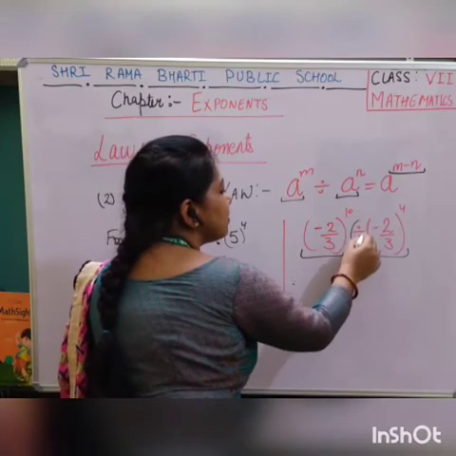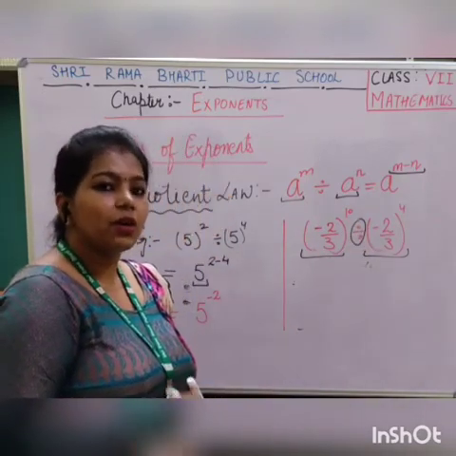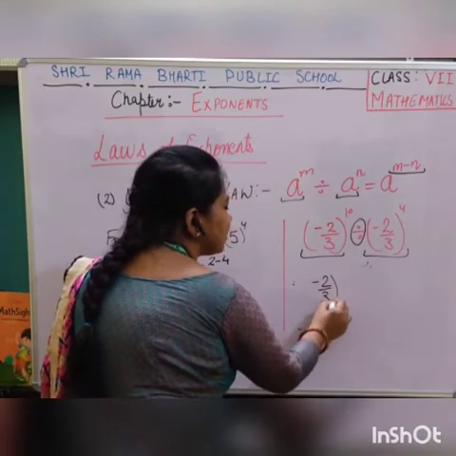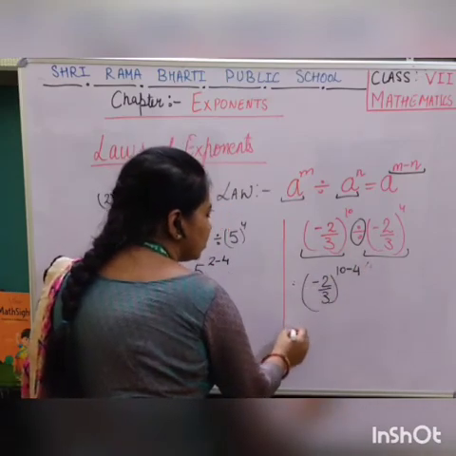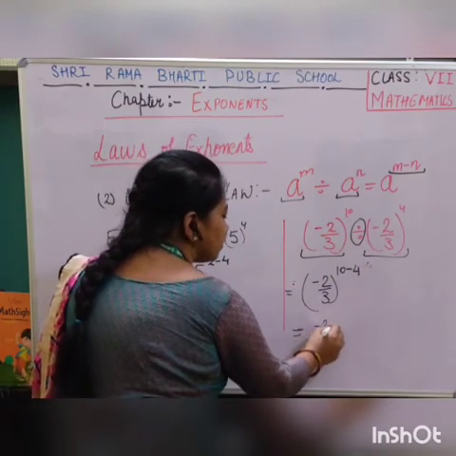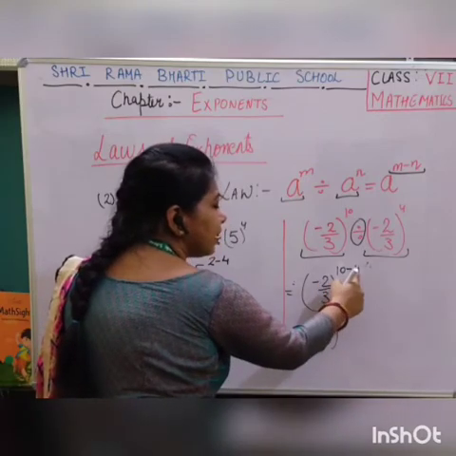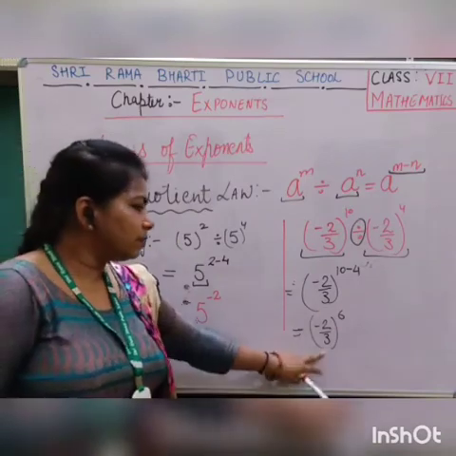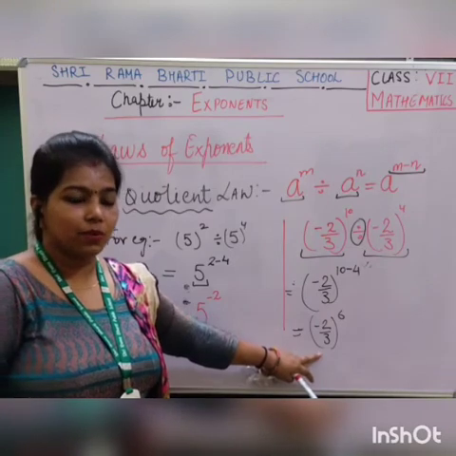This division symbol simply shows us that we can apply quotient rule here. So once again we will write single base here and we will subtract the powers. So what will come? It will be minus 2 by 3 whole raised to the power 10 minus 4, which means whole raised to the power 6. So this will be the answer. Got my point clear? Okay.